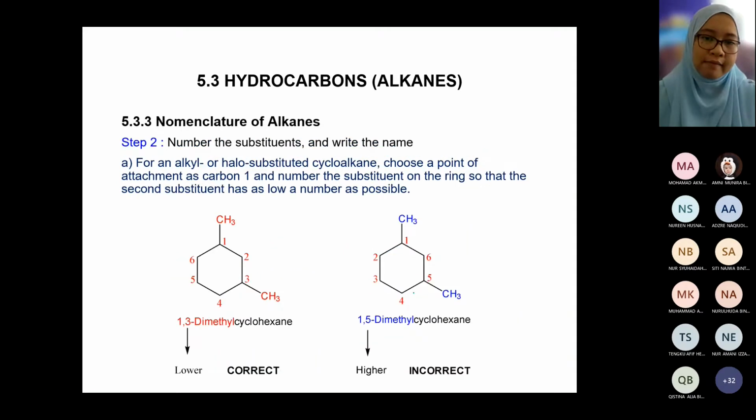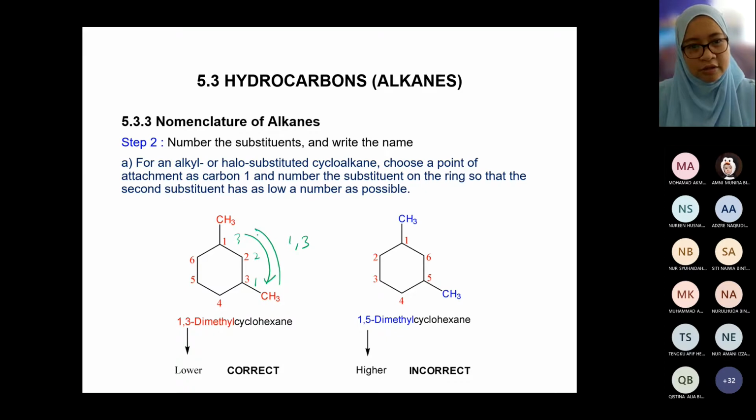Okay, alright. Numbering pun sama. You would go for the lowest numbering possible. Okay, you kena try and error lah. Kena try and error. Okay. Alright, so 1, 2, 3. Ini pun kalau you start from here, 1, 2, 3. So either one pun you akan dapat 1 dengan 3. How about this one? Ni maksudnya you start from here lah.